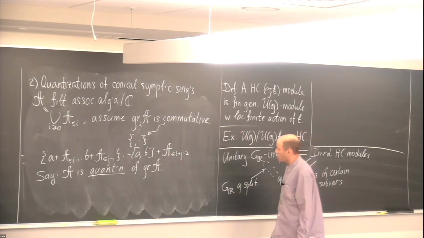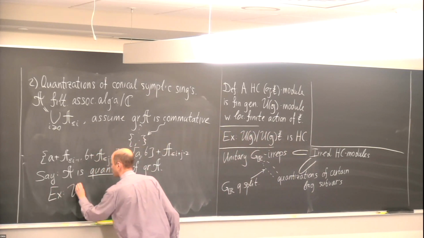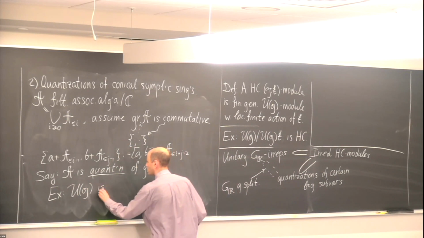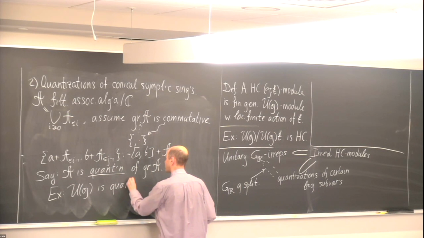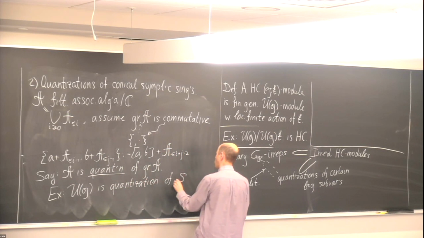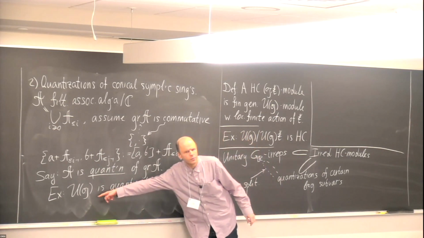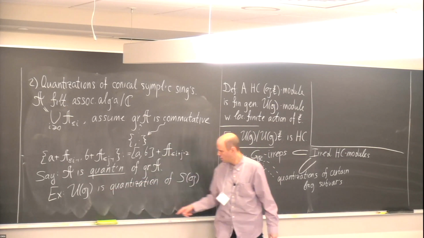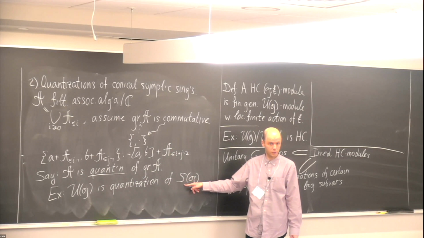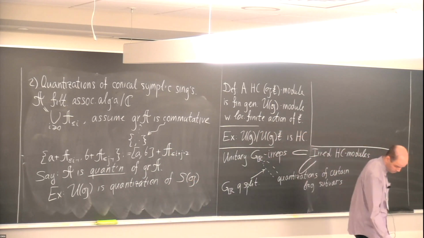And of course, the classical example is that the universal enveloping algebra is a quantization of the symmetric algebra of G. This comes with a filtration by degree in G. This is a graded algebra and has a Poisson bracket induced by the Lie bracket of the algebra. Okay, so this statement is essentially Poincaré-Birkhoff-Witt.